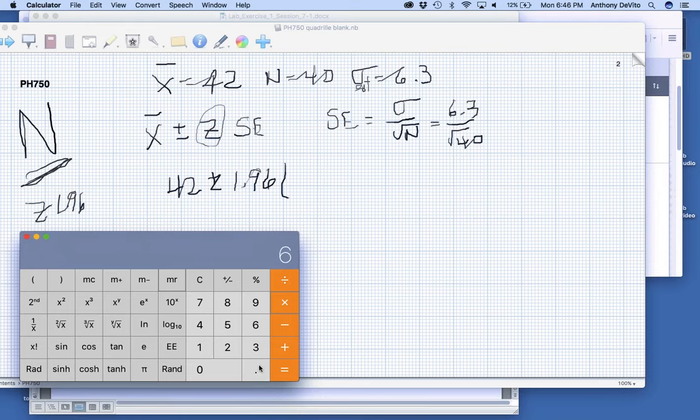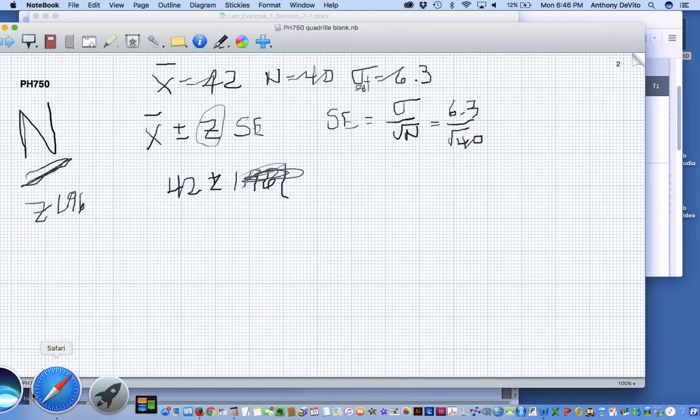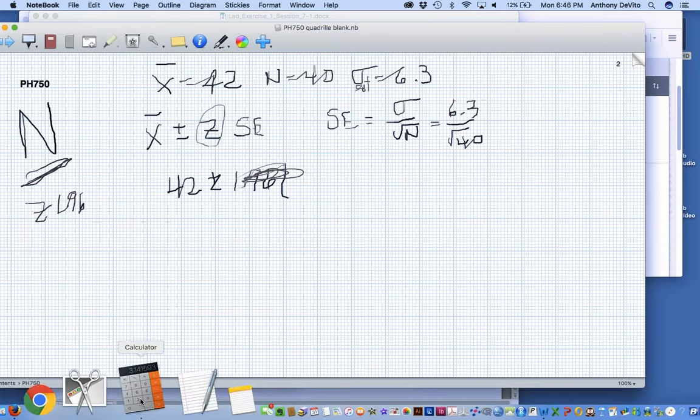Let's see. 6.3 divided by the square root of n, times 1.96, is equal to 1.94. So my whole margin of error, let me see what it was again, 1.94, right?